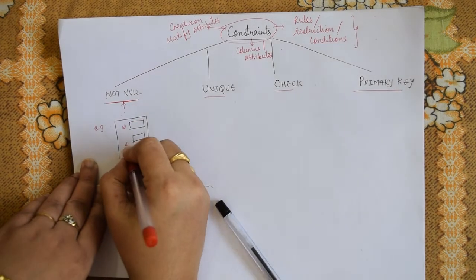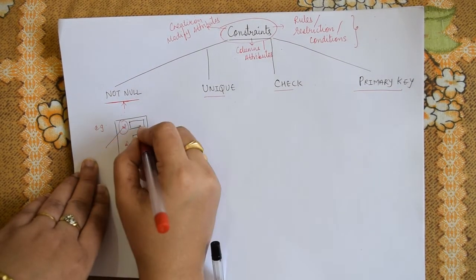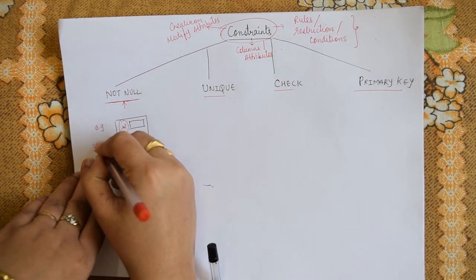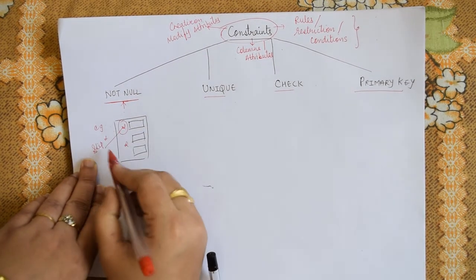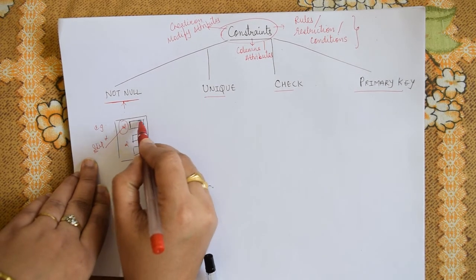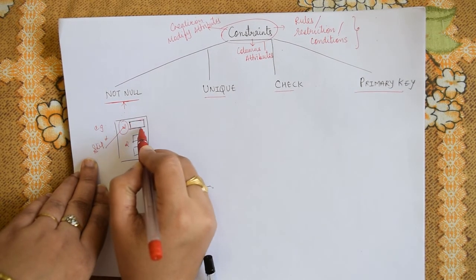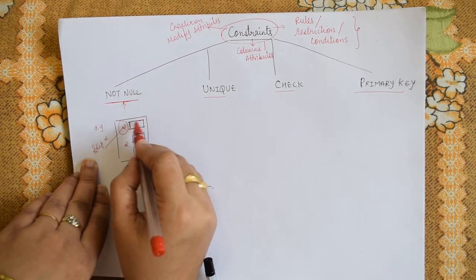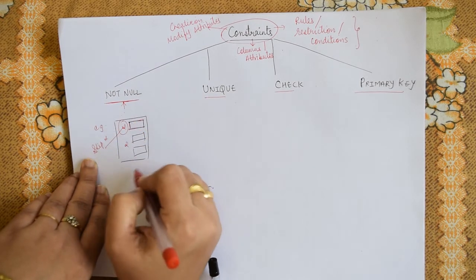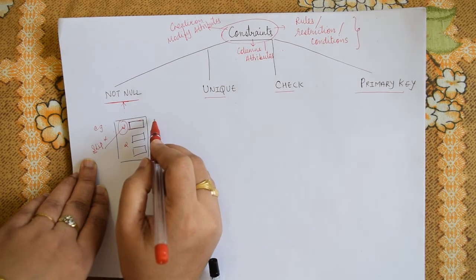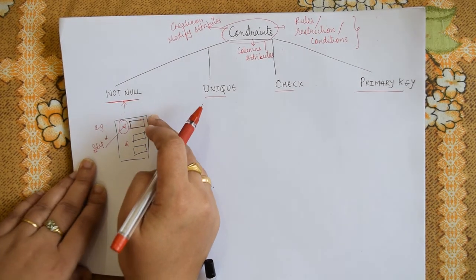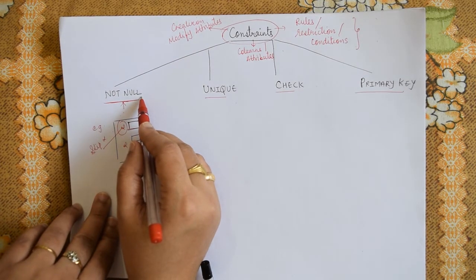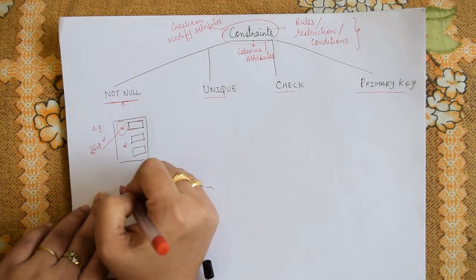This star notation indicates that this field is compulsory. That means we cannot skip this information. We always have to write something in this field, and unless we write the information, your page will not move and you cannot move to the next page. That is what the not null constraint is. You should always have some value.